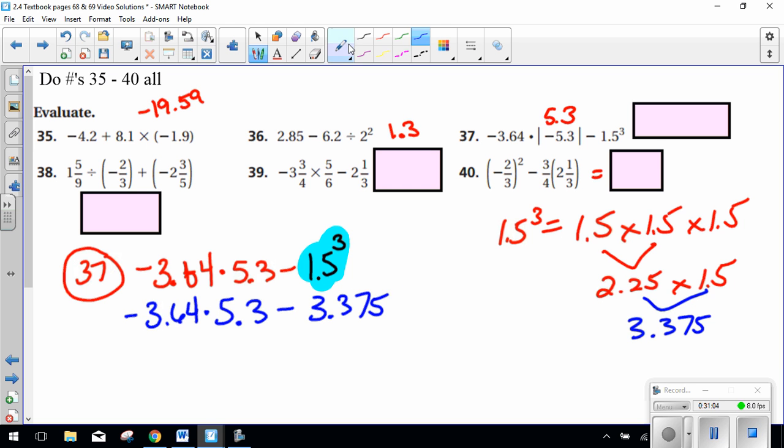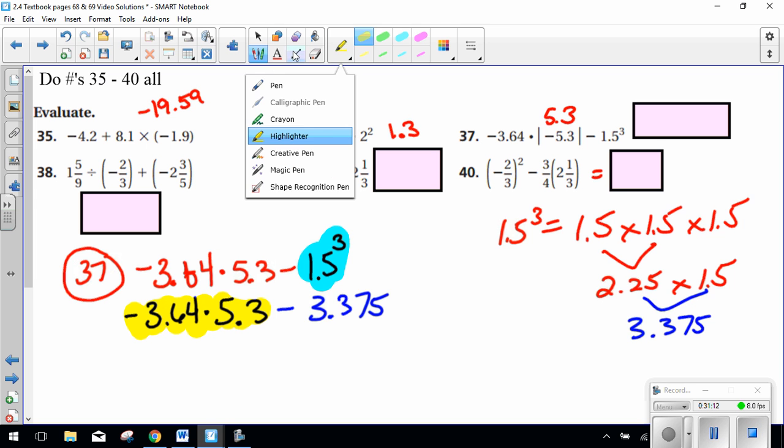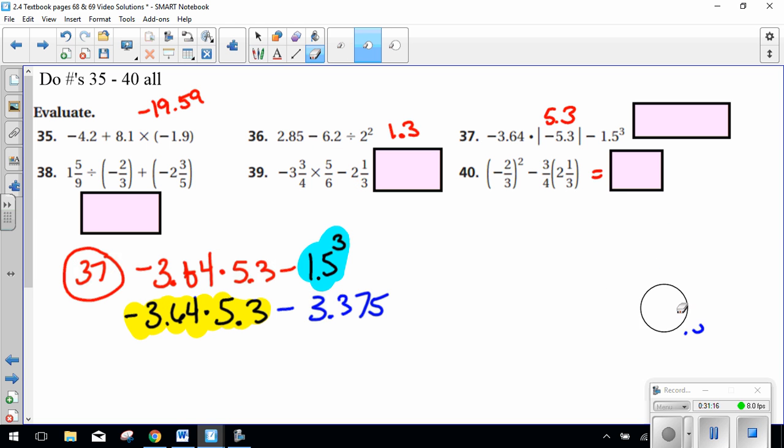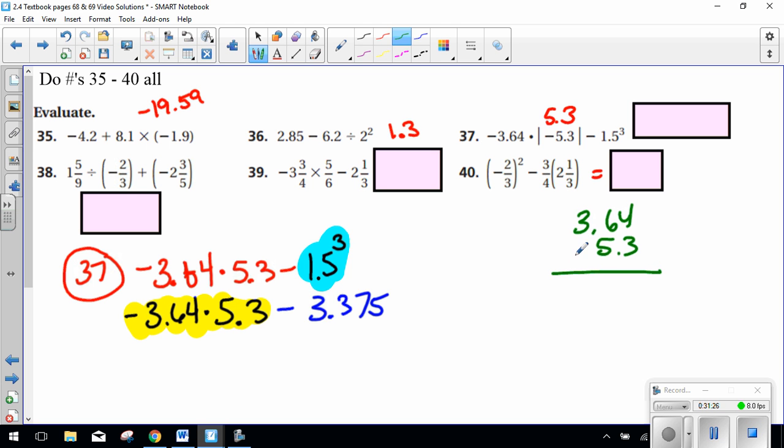375. So now when I look at my problem, I have multiplication and subtraction. Following order of operations, I must multiply next. Okay, so I'm going to now go under more work here, 364. So in multiplication, we don't line up the decimal.